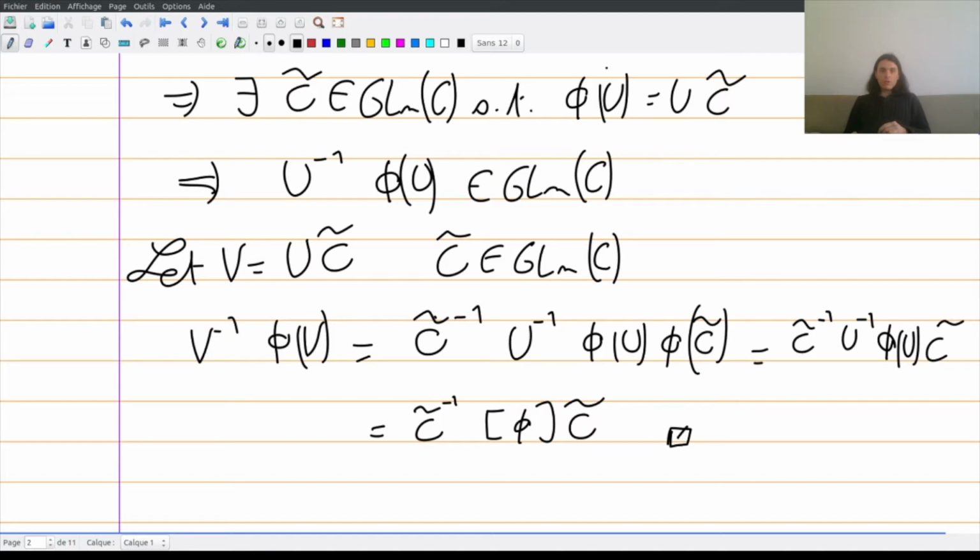So if you change the fundamental solution, you just conjugate the representation.